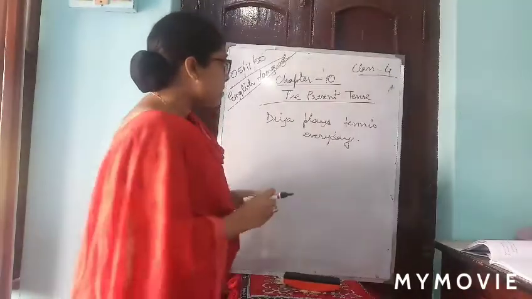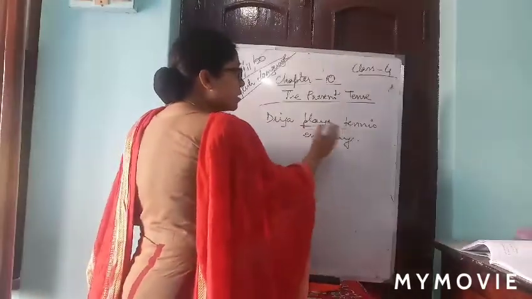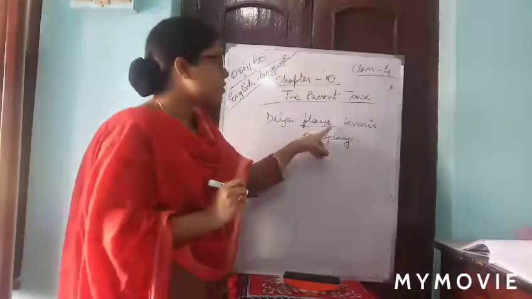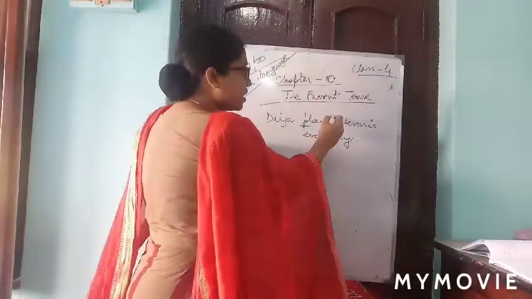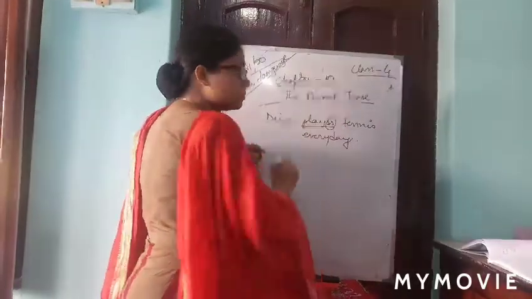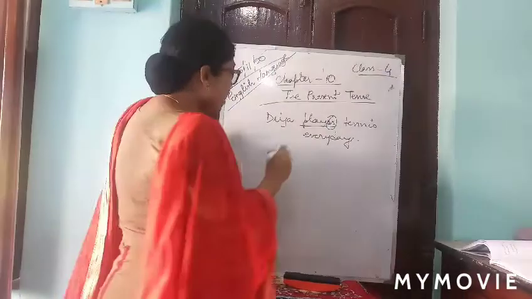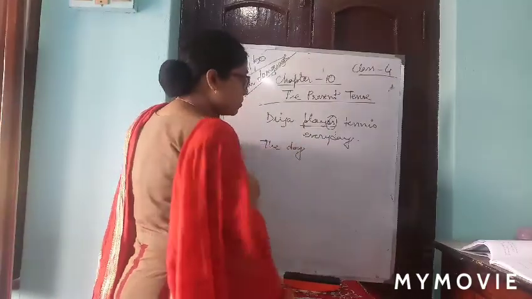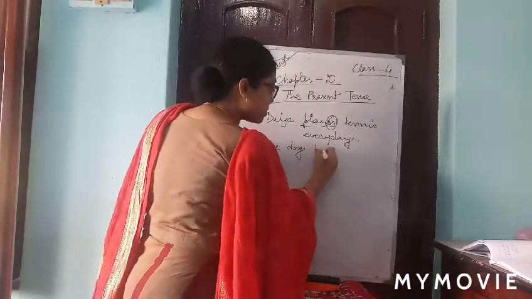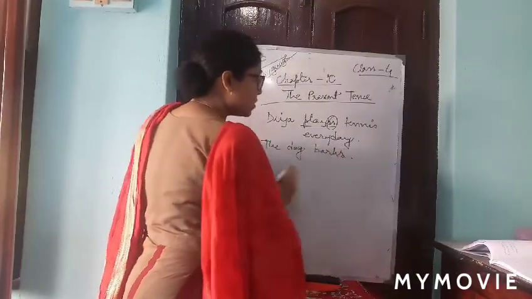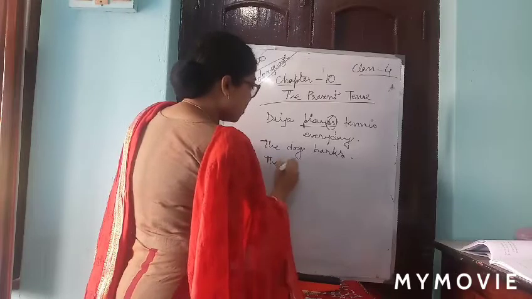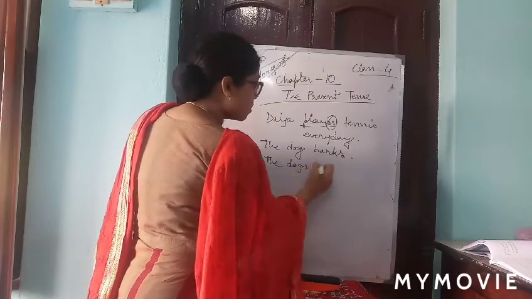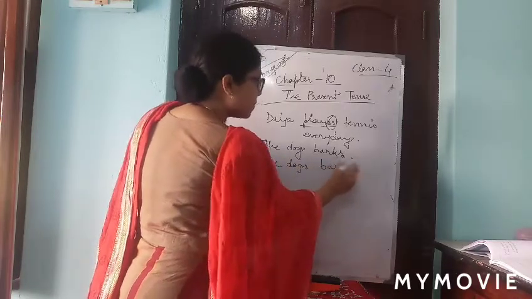Clear? And as I said, in the simple present tense, for third person singular, we always have to use s after the verb. Again, another example I'm giving: the dog barks, the dogs bark. Clear?